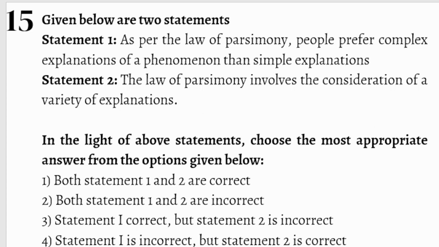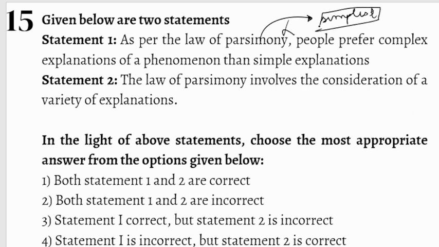Okay, very well done, everyone. It looks like we are really prepared for the exam. It's nice. Okay, let us read statement 1. Statement 1 says that as per the law of parsimony, people prefer complex explanation of a phenomena than simple explanation. No, it's just the opposite. According to the law of parsimony, we rely on the simplest explanation possible.